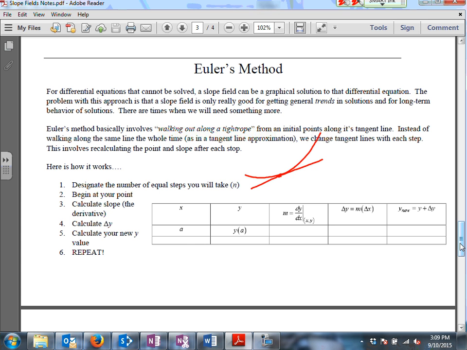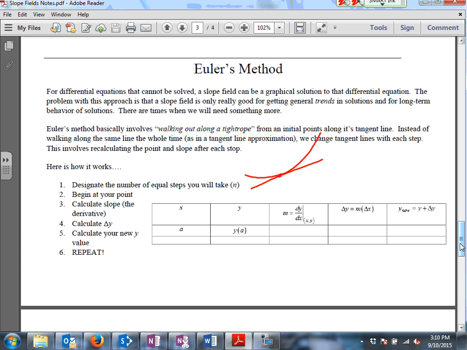So we're kind of like walking on a tightrope, if you will. It's not straight. We're adjusting these little itty bitty tangents to follow the trend of our curve.